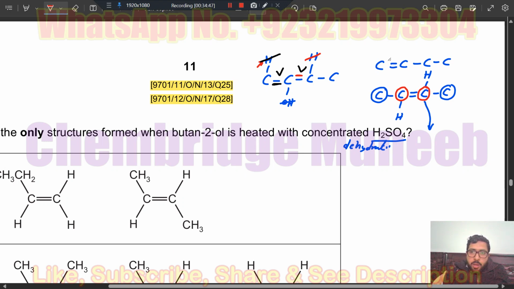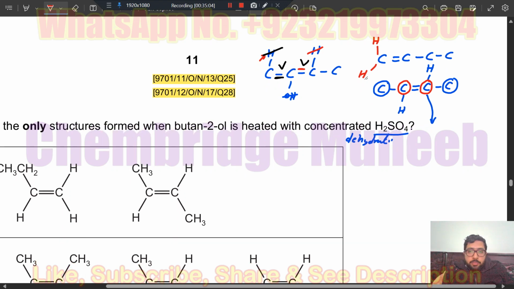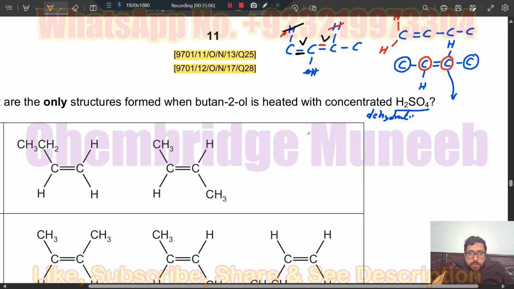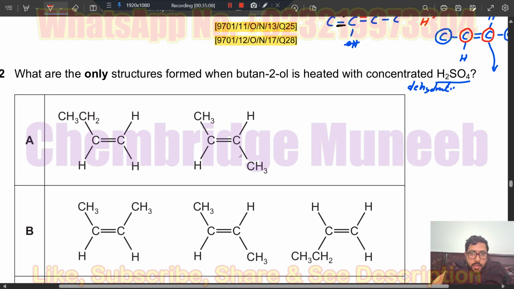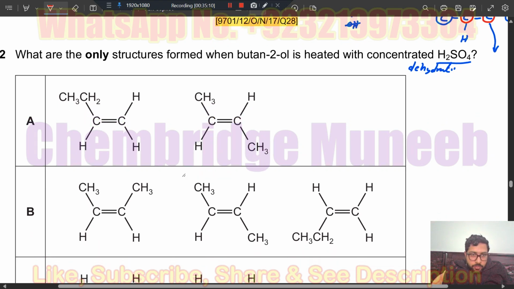However, in case of the first scenario, there are two hydrogen atoms bonded on this carbon, which means it cannot give cis-trans isomers, since we require two different groups on each double-bonded carbon. Alright, which means we can now look at the structures which are present here.